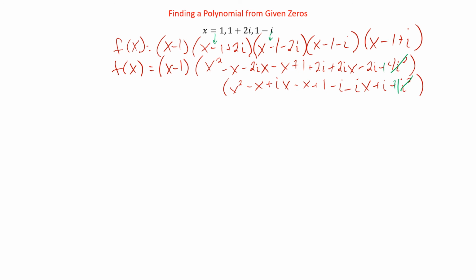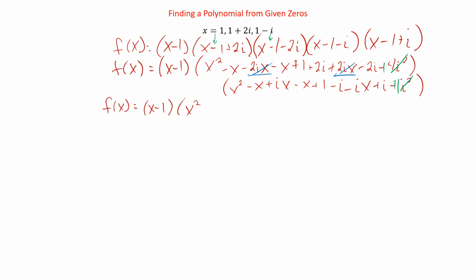All right, so now we can do some simplification here. So we have f of x equals the x minus 1 is still there. And then let's see, we have an x squared. We have everything with i should cancel. So we have a minus 2ix plus 2ix. That goes away.